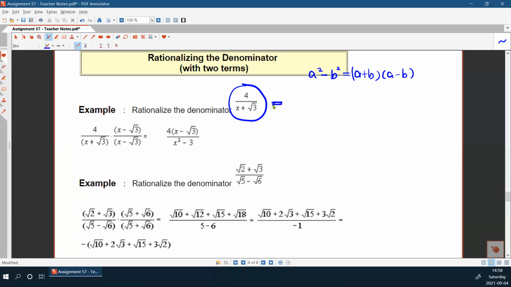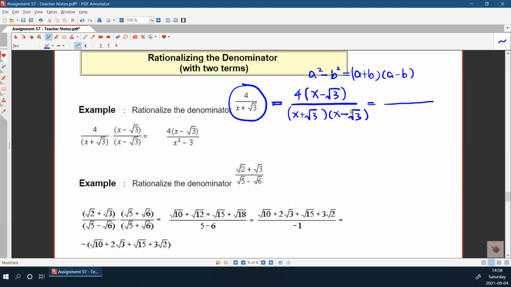So in order to remove the radical sign here, we can multiply by x minus square root of 3, right? And in order to keep the value equal to the original expression, we need to multiply the same expression to the numerator.